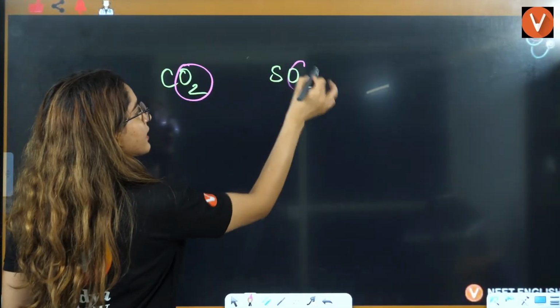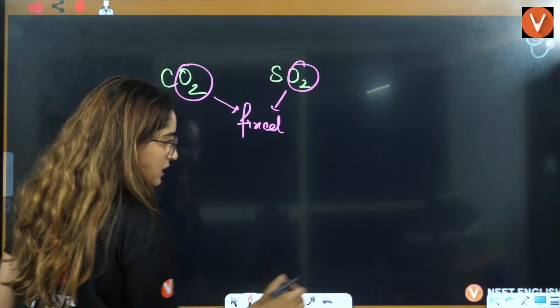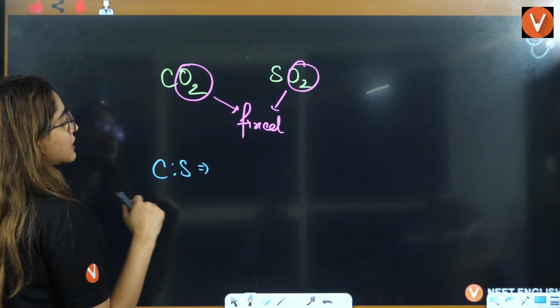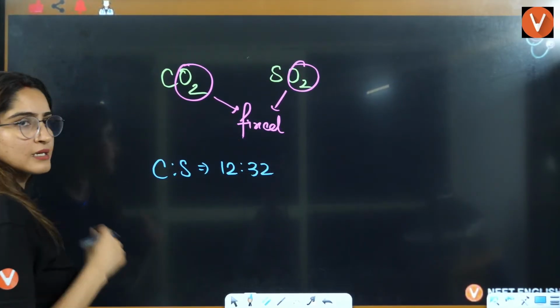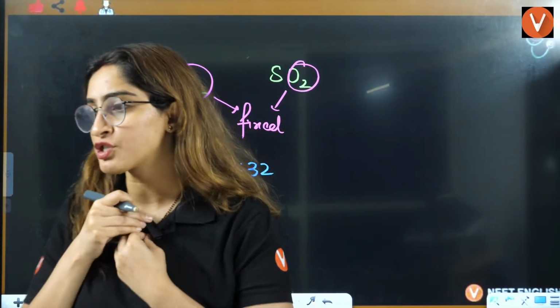This thing is fixed here. The ratio of carbon and sulfur here will be, carbon is 12, sulfur is 32. That is going to be the ratio.